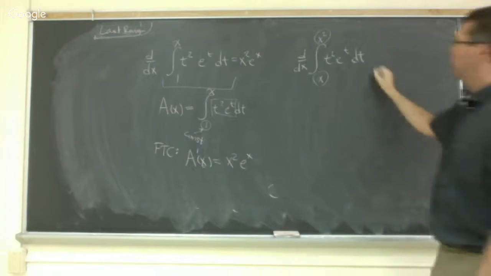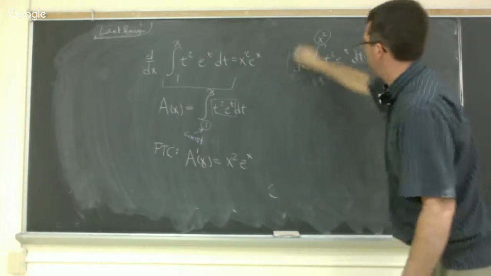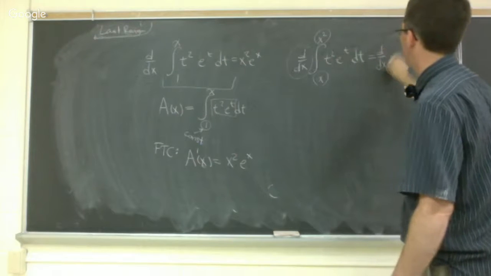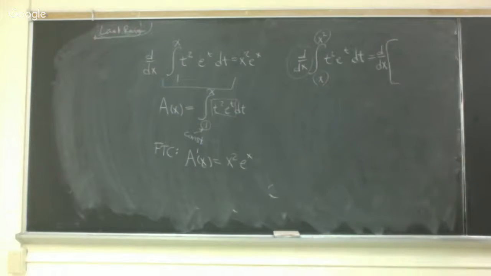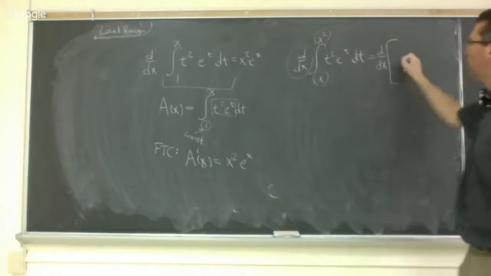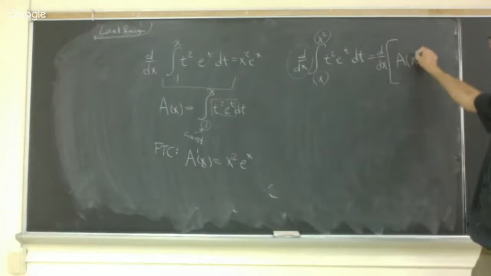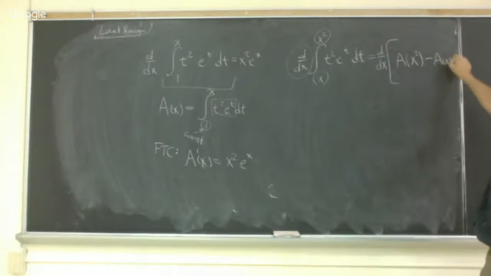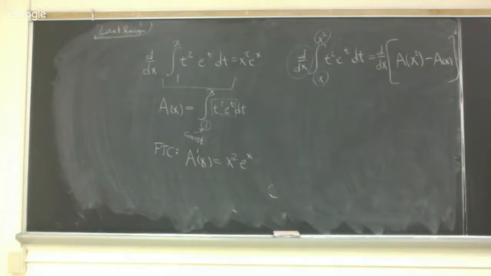So what I do is I say, all right, I'm going to take a derivative. I'm going to take a derivative of this integral, which is how much the antiderivative changed, because every integral can be written as the change in the antiderivative.